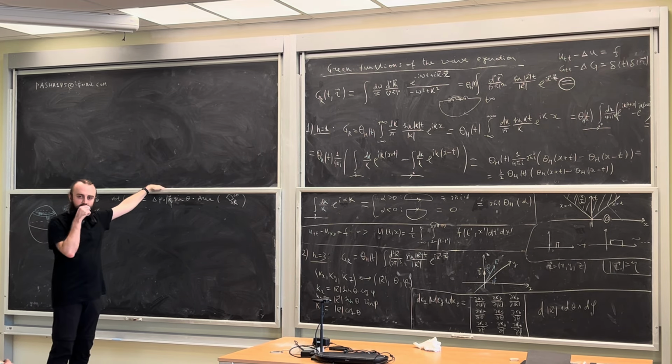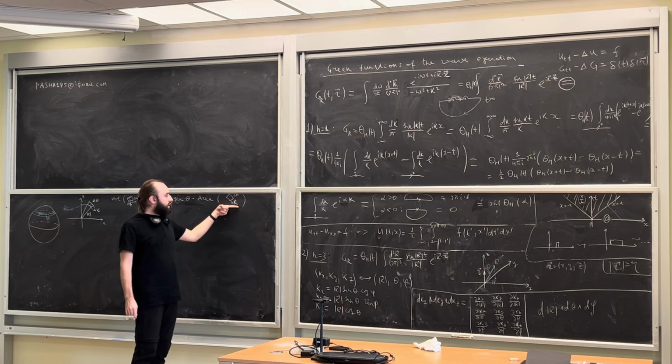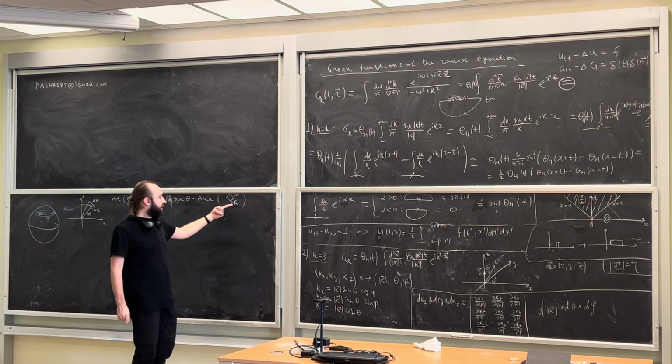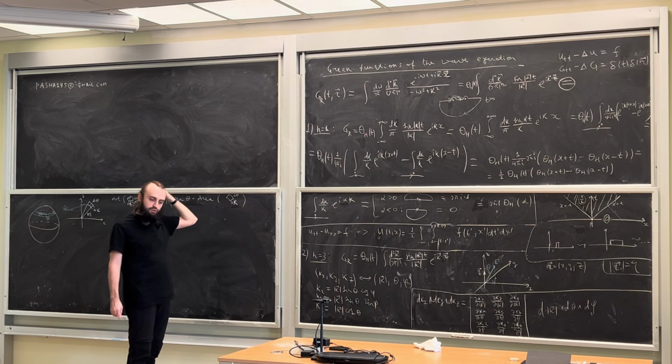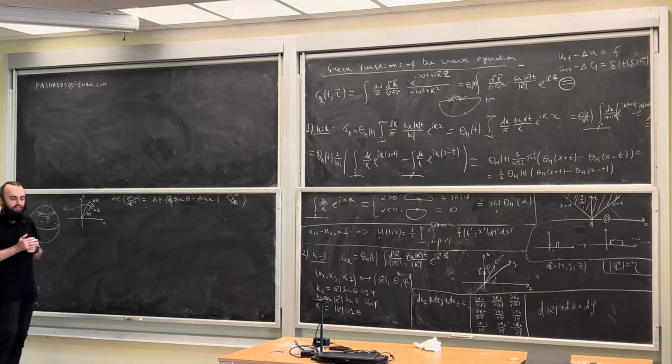Could you say it again? No, because this is measured in inverse distance units in the k space, and this is dimensionless. Area should have a definite dimension, it should have dimension 2.